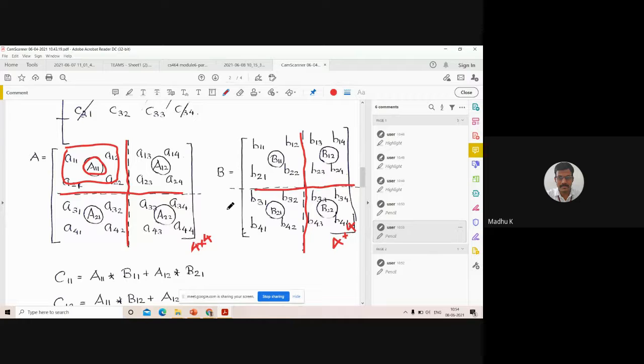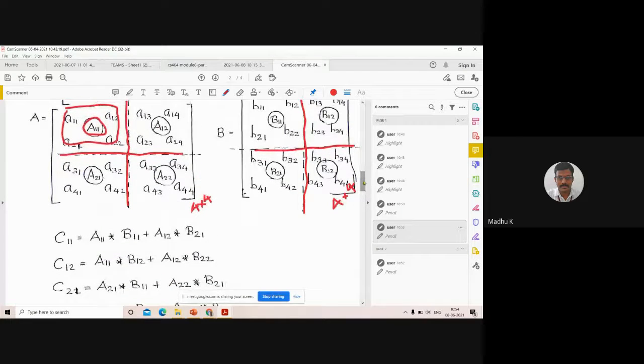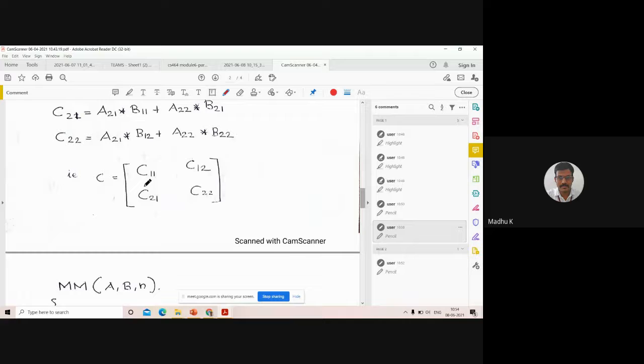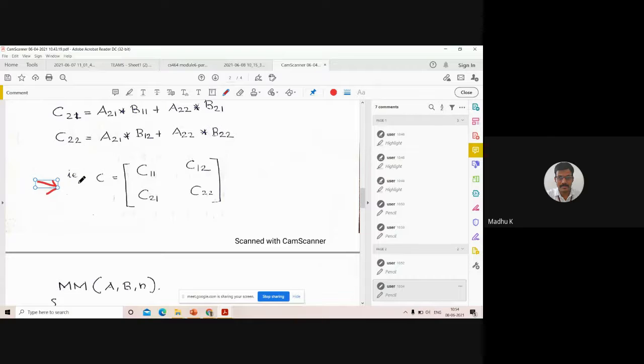Then we will solve these problems in this way. For example, C11. Then from this, I want to form a matrix like this. This is the resultant matrix, that is, C is equal to C11, C12. In this way, I want to create a matrix.